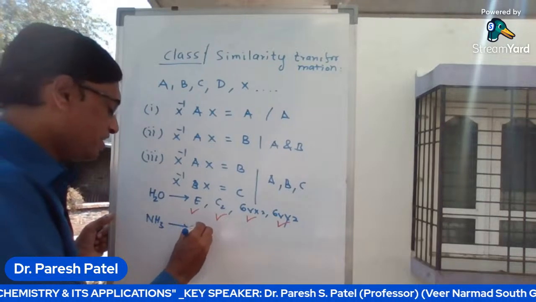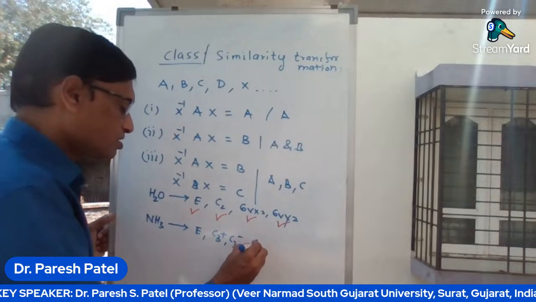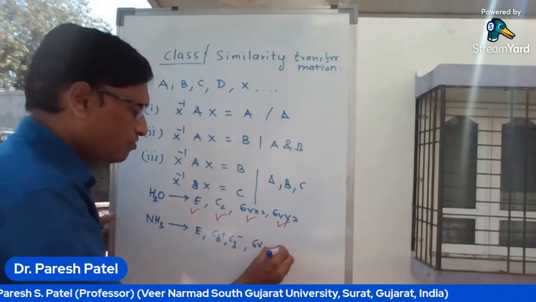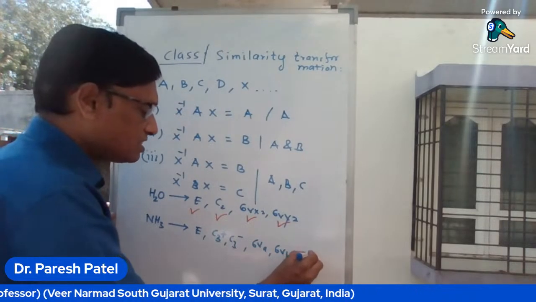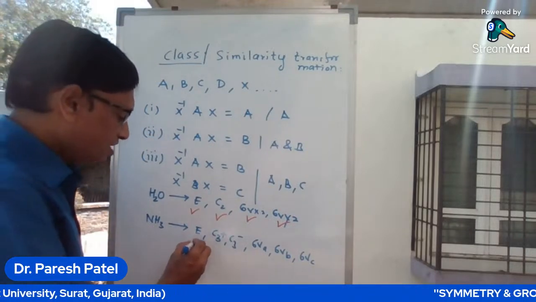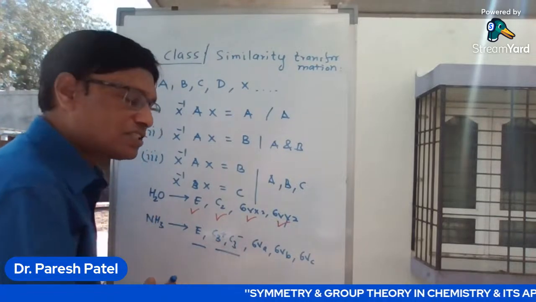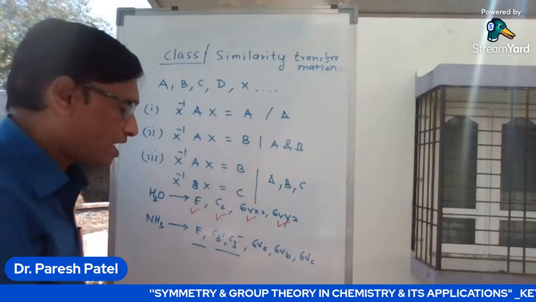Okay, in case of ammonia molecule, it consists of E, C3 plus, C3 minus, sigma Va, sigma Vb, and sigma Vc. 6 symmetry elements are present in the ammonia molecule. Now, in this case, E is conjugate to itself to form an individual class. C3 plus C3 minus conjugate to each other to form a combined class.